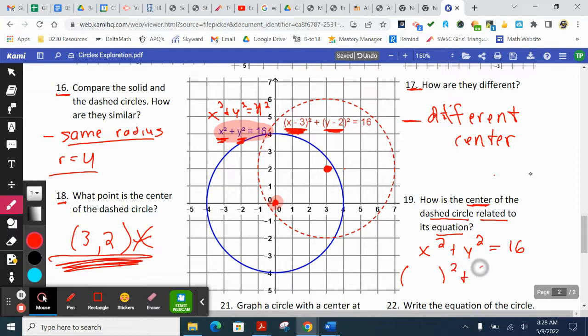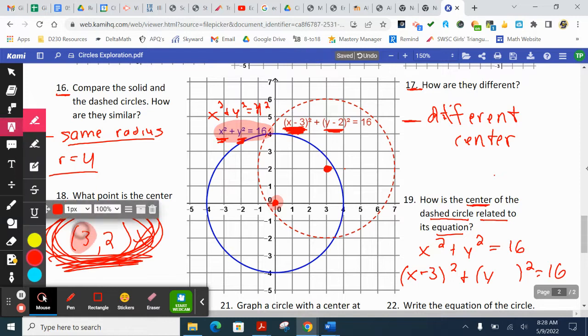The way we get that second equation is not a coincidence. It is a pattern with the center point here. So instead of just a regular old x, notice how the center was a 3. The way that equation got written was x minus a 3. The reason we are doing a minus a 3 is because that is the x coordinate of the center of your circle.